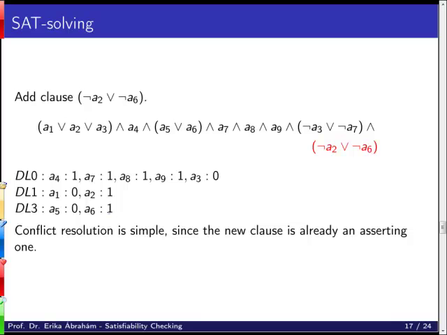Now you see where are these variables, A6 and A2. Is this again an asserting clause? So I do not need to make resolution. I will just undo decision level 3, and my new clause will give a new implication at decision level 1, namely that not A6 must hold. So A6 is false.